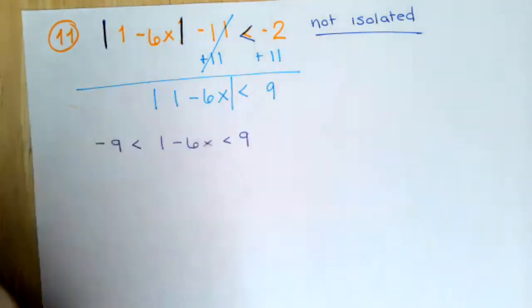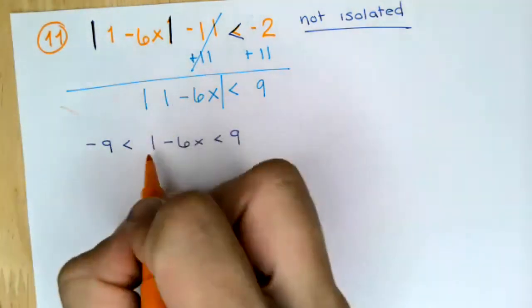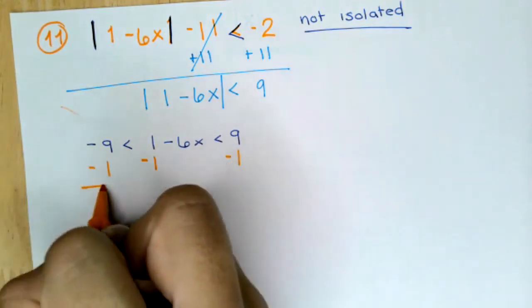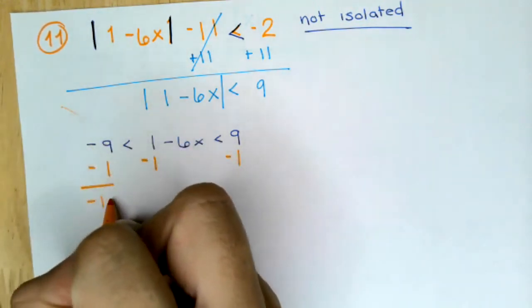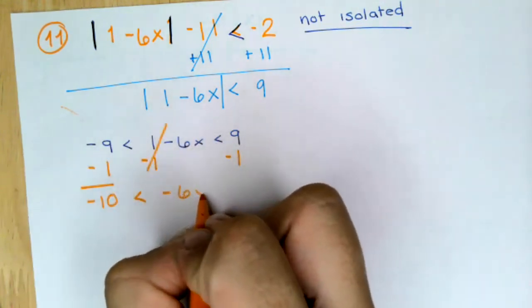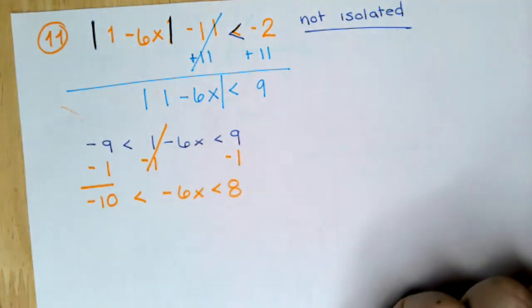I want to solve in the middle, so in the middle I want x alone. So I'm going to subtract 1 everywhere. 9 minus 1 is 8, and -9 minus 1 is -10. This is -6x.